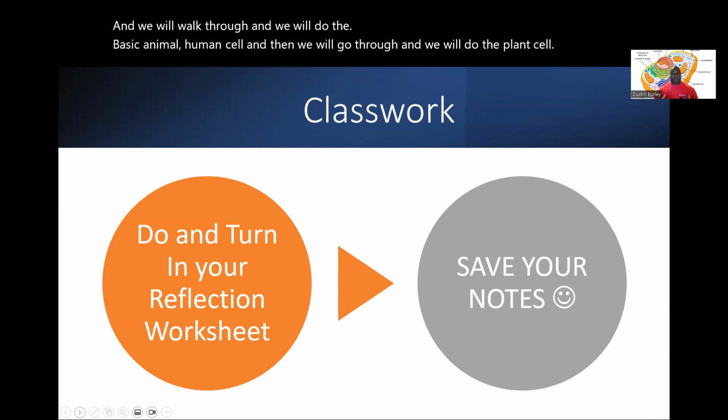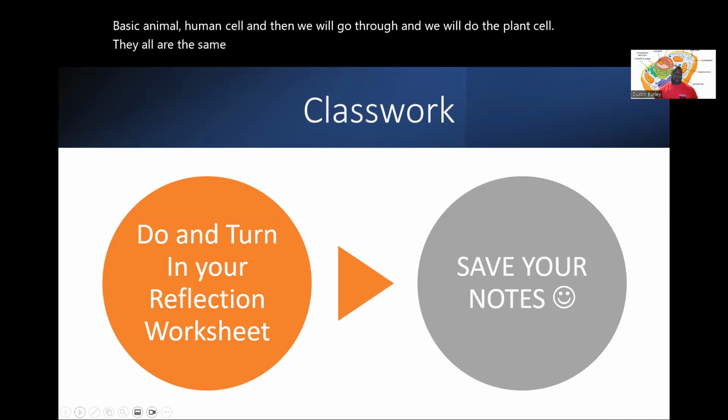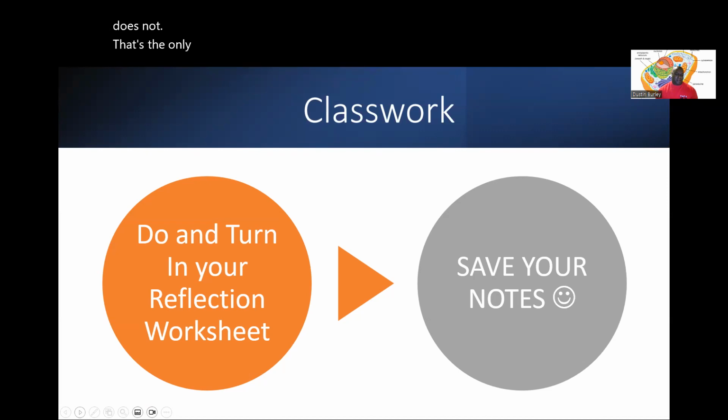They all are the same. The only difference is the plant cell has a cell wall and the animal cell does not. That's the only difference.